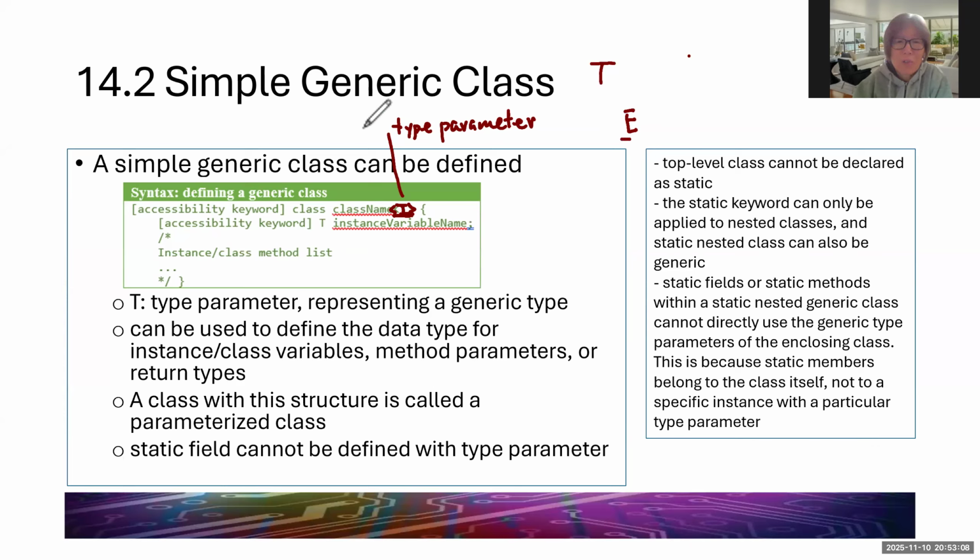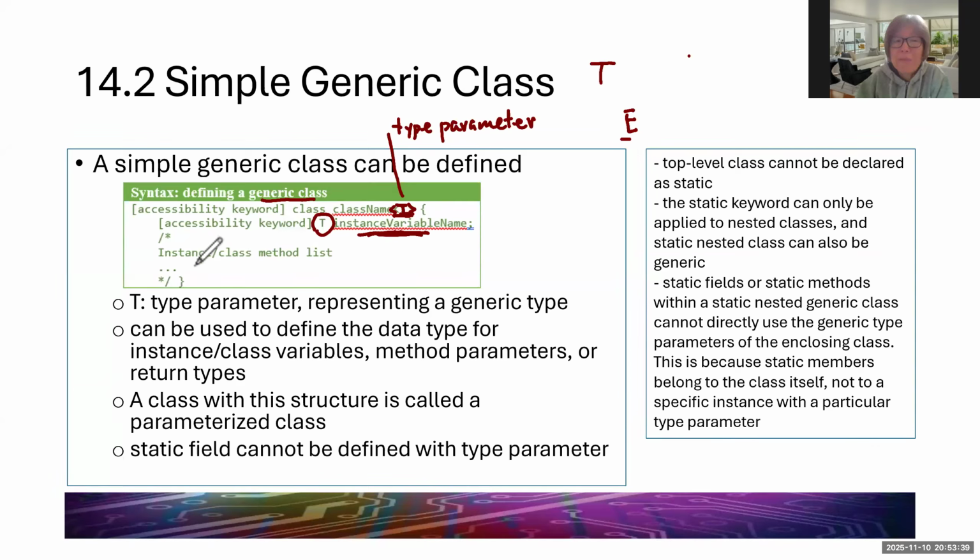Those are used frequently. Within a generic class, you need to have at least one instance variable whose type is also T, the generic type parameter.